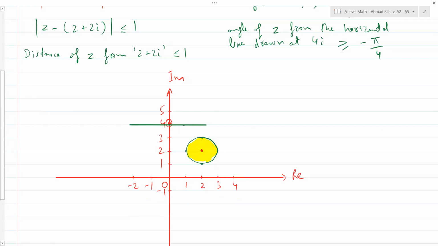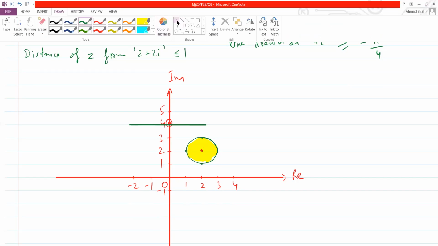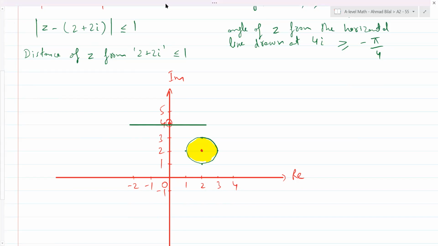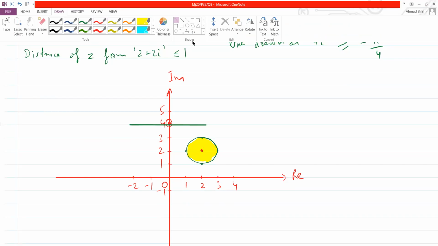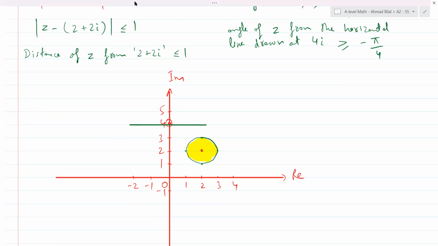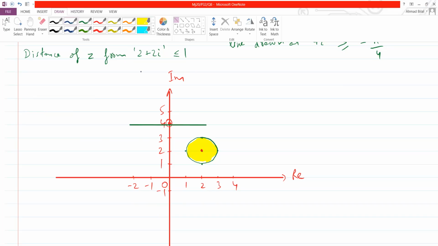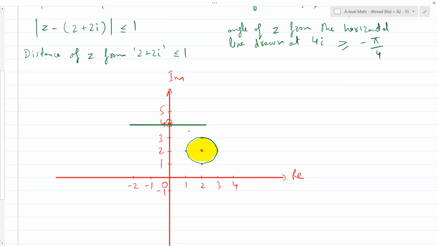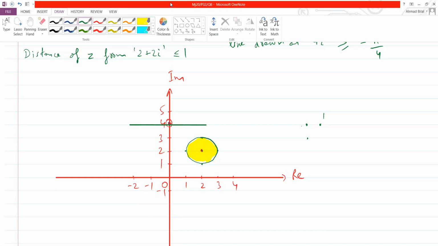Below the line on the right side. Exactly. So below the line on the right side. So you draw that here. Pi over 4 angle, remember what that is? 45 degrees. Right? So when you draw that here, starting from 4i, the line at 45 degrees is going to be like this.